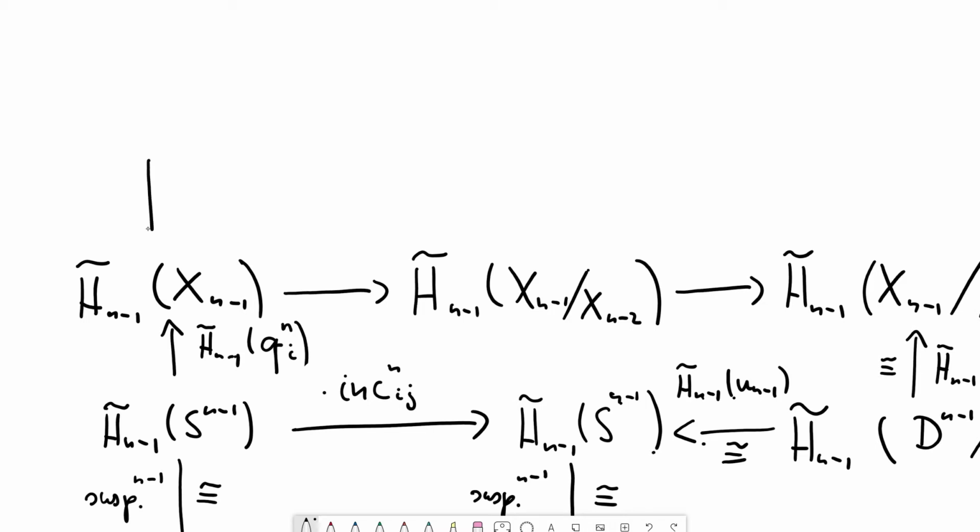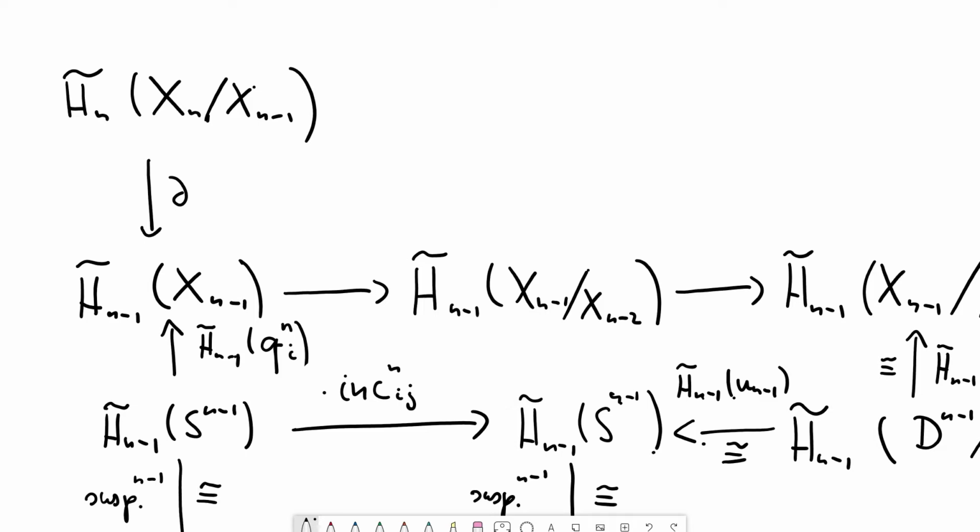I first take the differential in our long exact CNDR sequence that we derived a couple of videos ago. So this comes from the nth reduced homology of Xn mod out Xn-1.